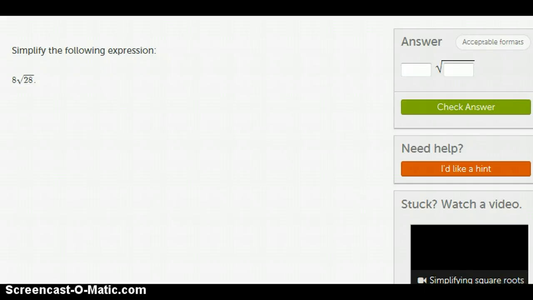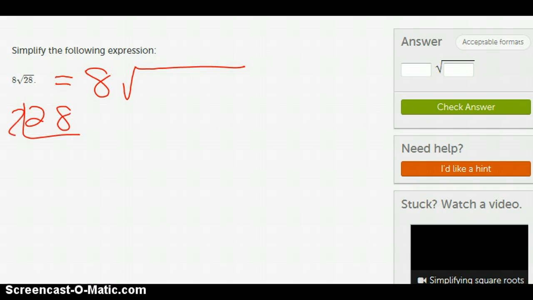8 times the square root of 28 is going to equal 8 times the square root of the factor tree for 28. 28 is 2 and 14, 2 and 7. So that's going to be 2 times 2 times 7.